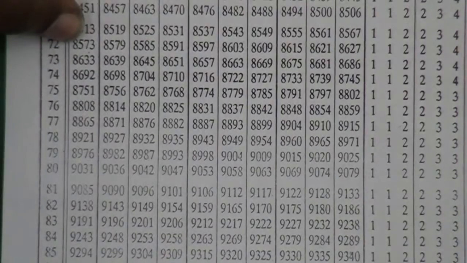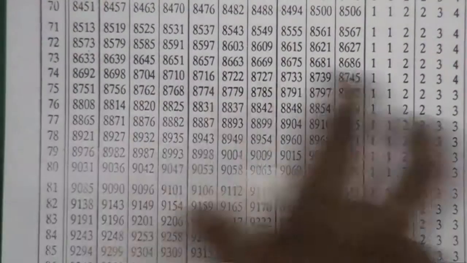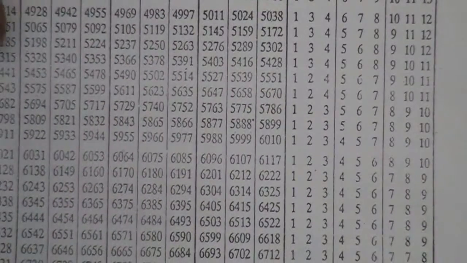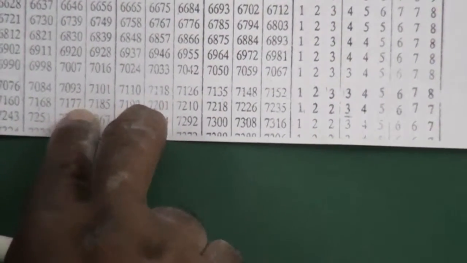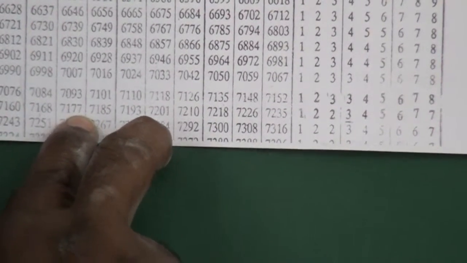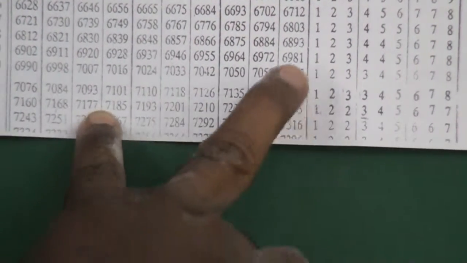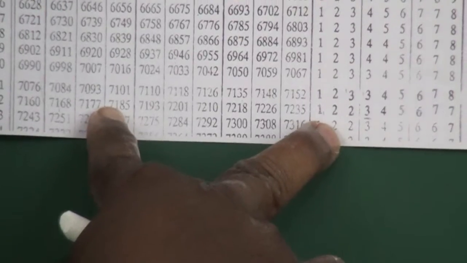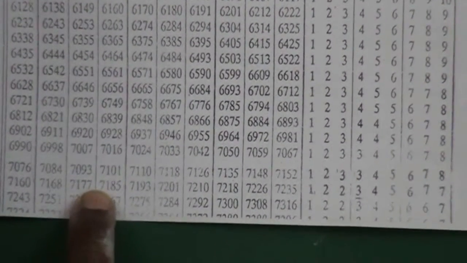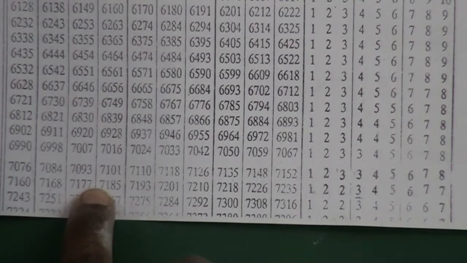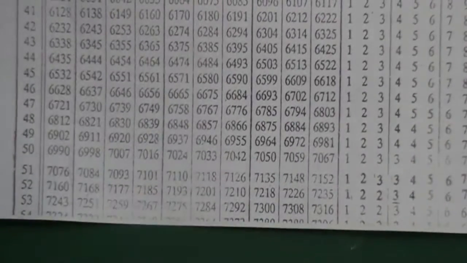Next 5227. So 52 against 2 you have this number 7177, and the mean difference for 7 is 6. So 7177 plus 6 is 7183.